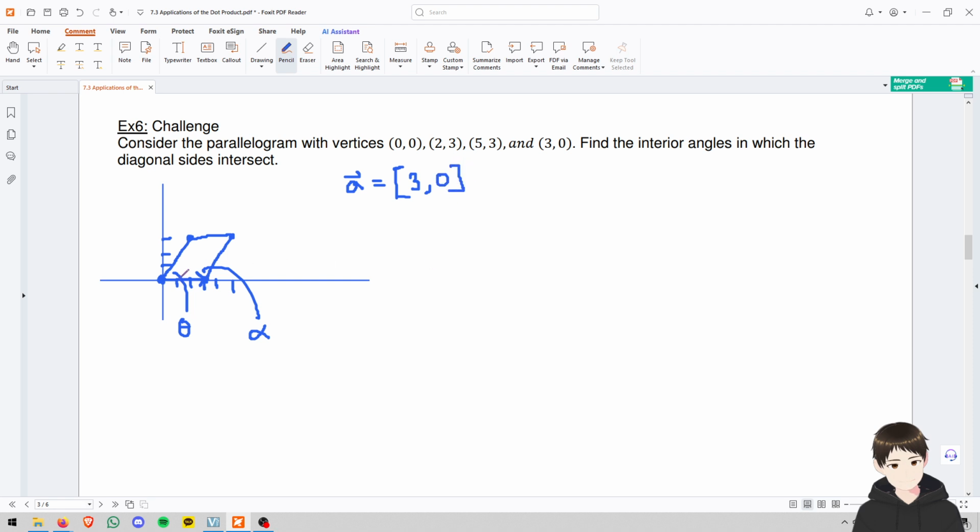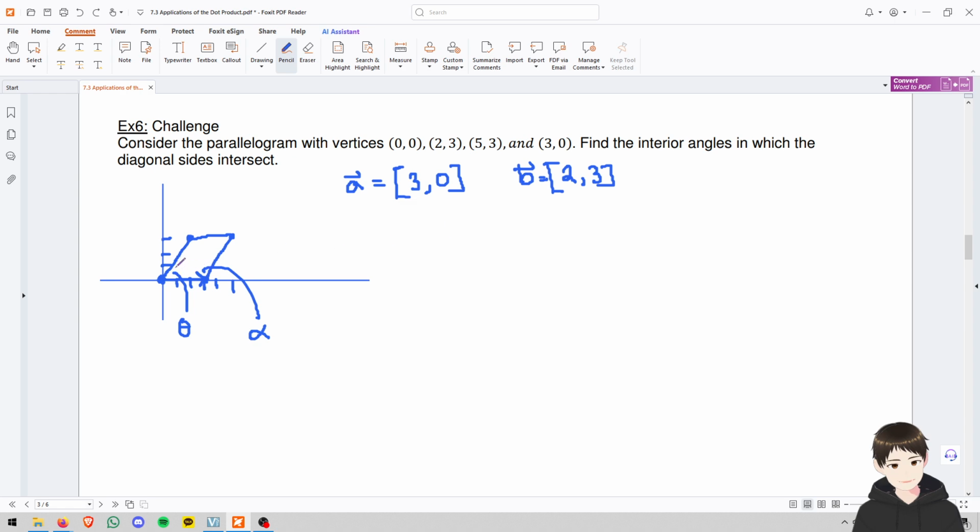There you go. How about the vector from the left corner to the top left corner? We'll call that vector B. That would be, let's see, 2 minus 0 and 3 minus 0. Well, isn't that nice? That's right here and right here. Good. Of course, you could have done it a different way, but I'm not going to.